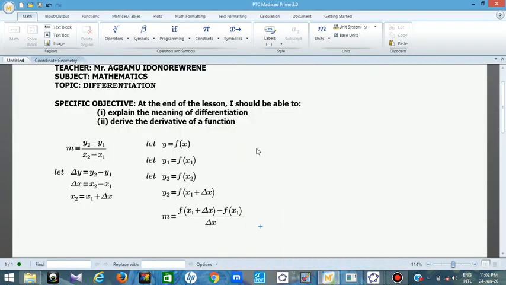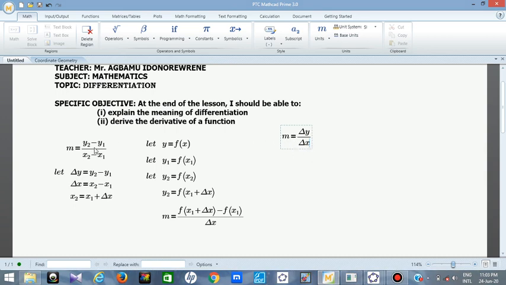So since it's approaching 0, what you need to do here is say this value M is a gradient, which is a change in y, the same thing as delta y divided by delta x.